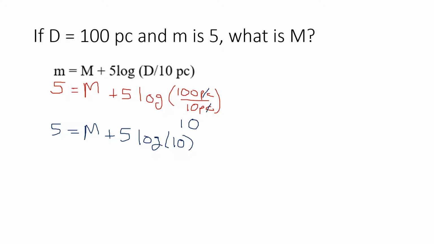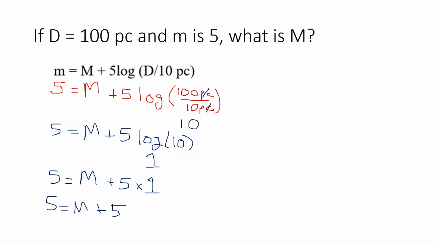If you go into your calculator, the log of 10 is equal to 1. So 5 equals the absolute magnitude plus 5 times 1, because the log of 10 is 1, or 5 equals the absolute magnitude plus 5.